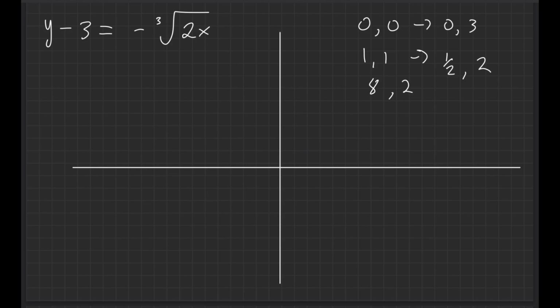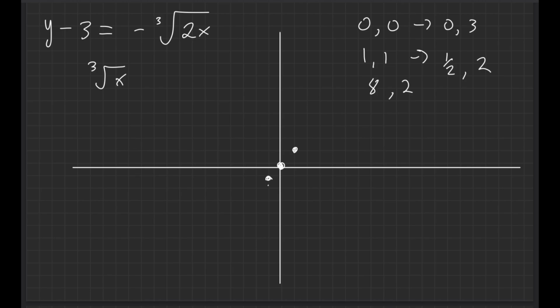So the original function would look like (0, 0), (1, 1), (-1, -1), and that's just the graph of the cube root of x.